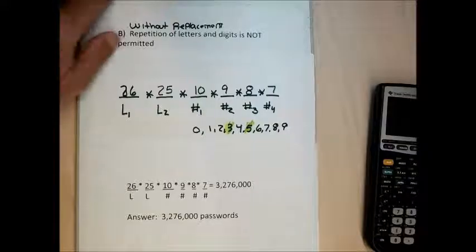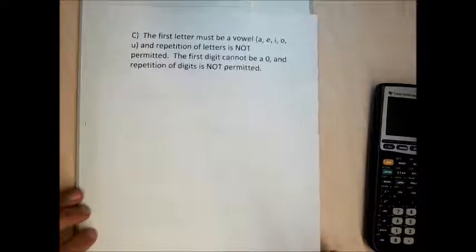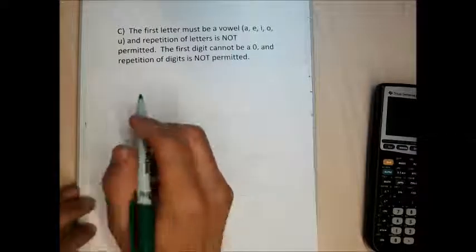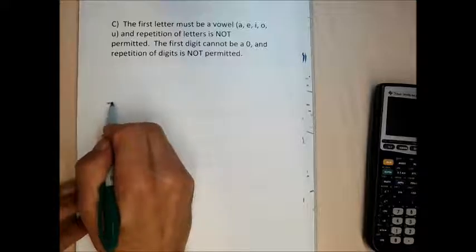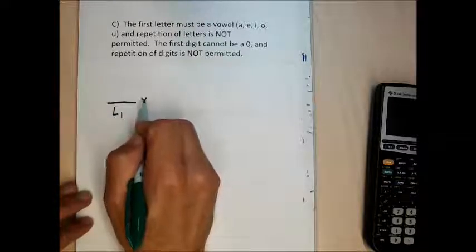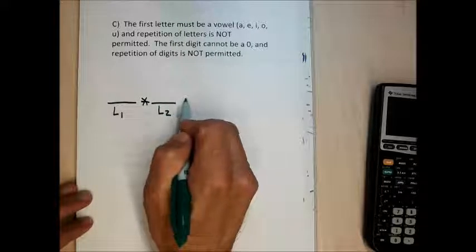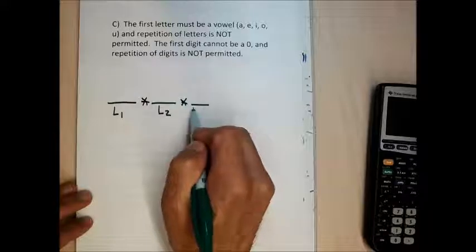Let me do another example, just so we can get used to some of the terminology that's going to come up in this section. We're doing the same style of problem. I'm finding how many computer passwords are possible that have the form 2 lowercase letters followed by 4 digits.